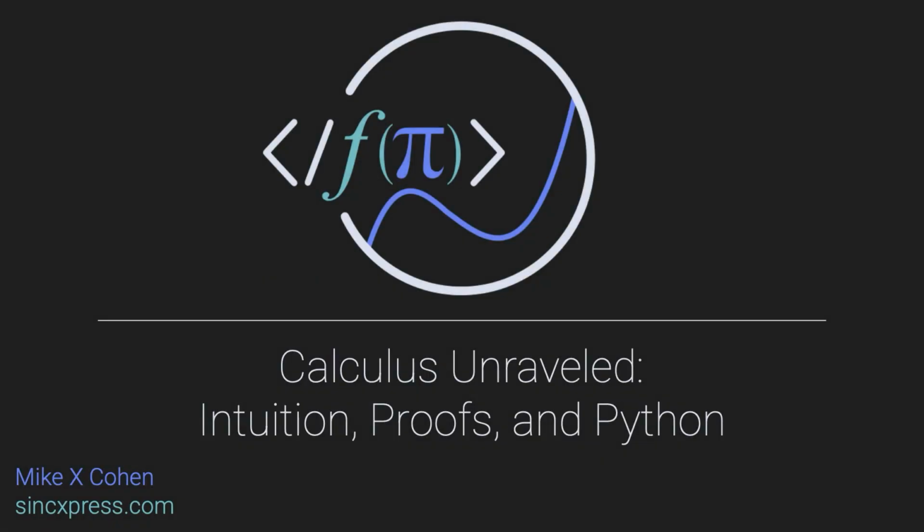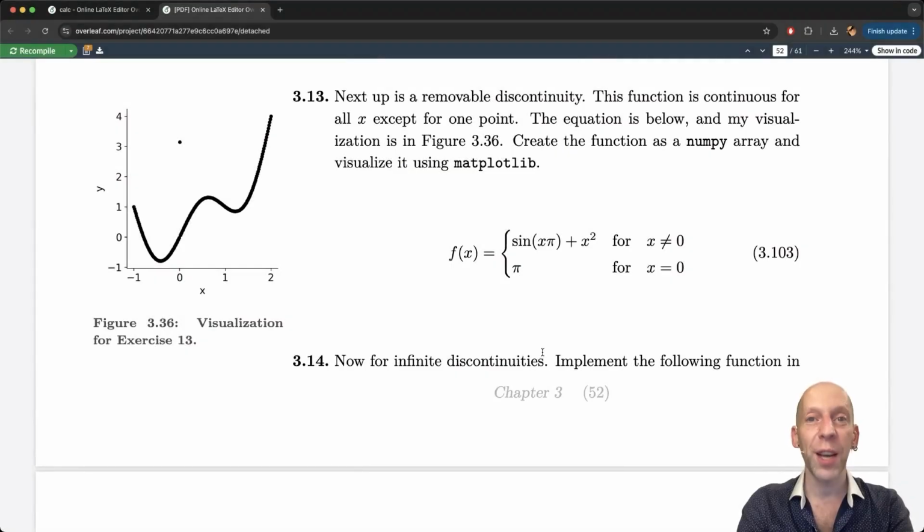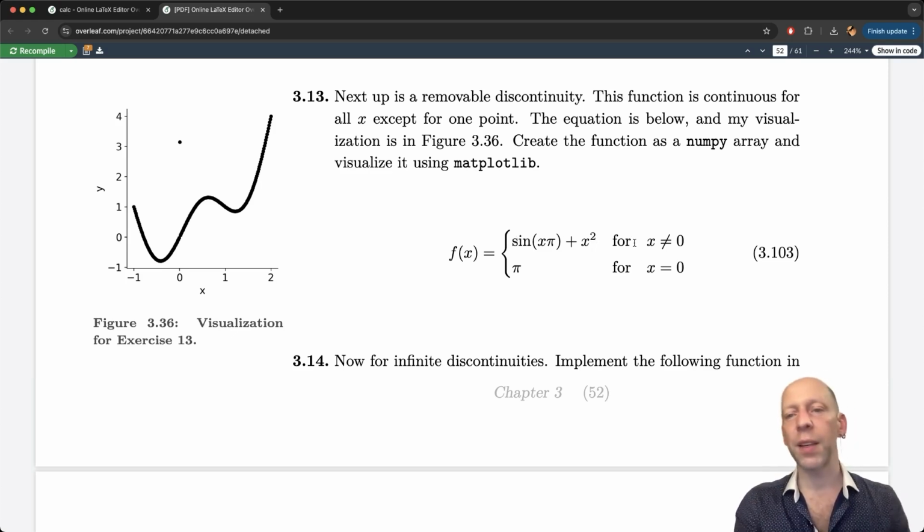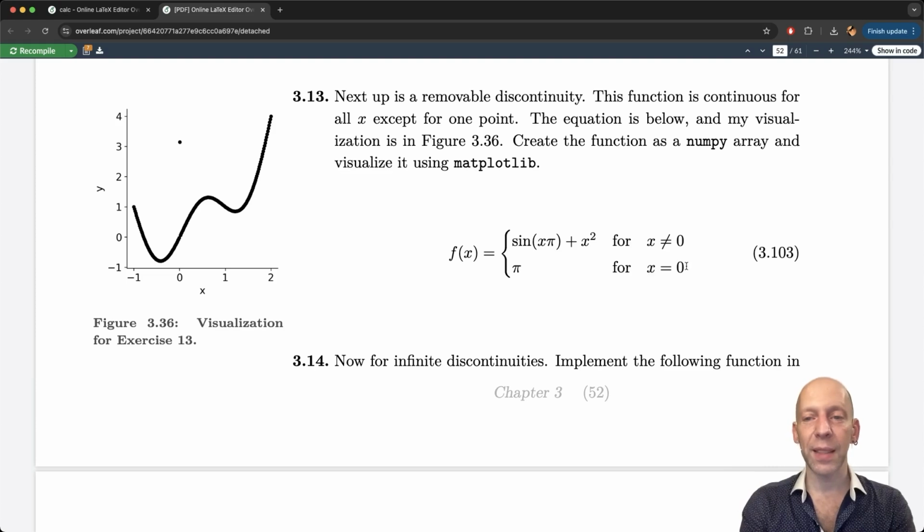Exercise 13 continues along our trajectory of learning how to represent piecewise functions and discontinuities in NumPy and how to plot them accurately using Matplotlib. Okay, here we have a removable discontinuity. So here is the piecewise function. You can see it is a sine plus a quadratic for basically all values of x except for x equals exactly 0.